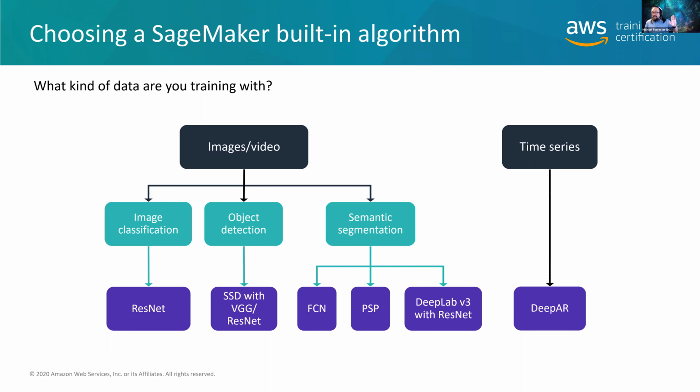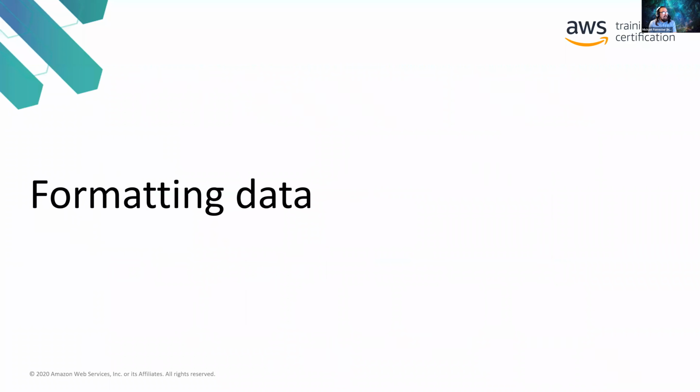Don't get me wrong, they talked about some semantic segmentation and object detection. They had you understand what those types of algorithms do, but they did not have any questions on FCN, PSP, ResNet, or any variation of the others on the exam. I don't know why that is. Maybe it's not relatively new, so I'm not sure what's going on there.